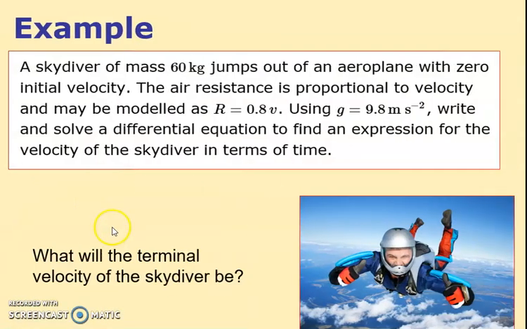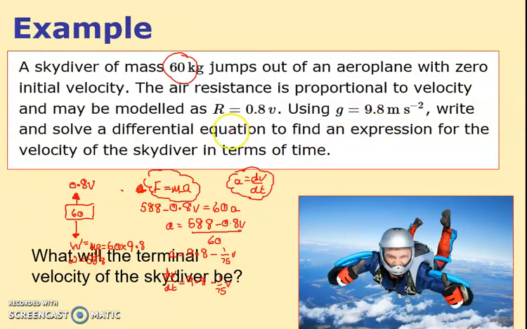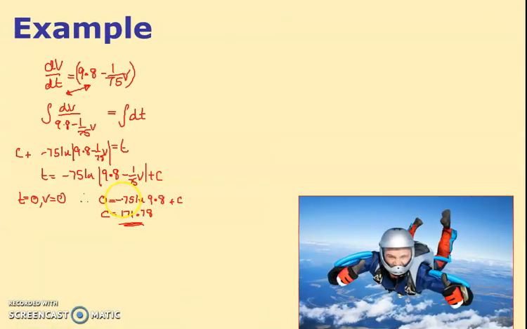What does the question ask for? It says, write and solve a differential equation to find the expression for the velocity. Well, I think that's more or less it then. The expression of the velocity, apart from that, I've got t equals. So let's rewrite that. t equals minus 75 log of this horrible thing plus, well, I could write this as 75 log of 9.8. I might write it like that for now.